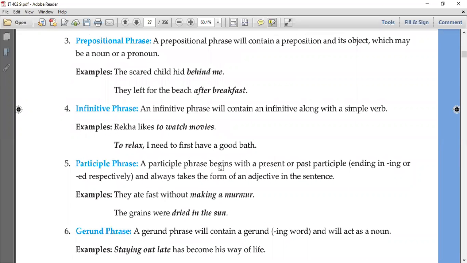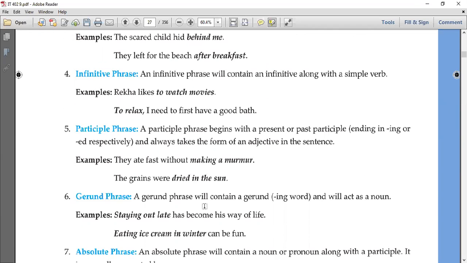Participle phrase begins with a present or past participle, right? So present and past participle, present में ing होता है और past participle में ed लगा होता है, right? And it always takes the form of an adjective in the sentence. Word ride in the sun, right? So ये participles का use हो गया. Present and past participles can be used. Future one नहीं use होता.